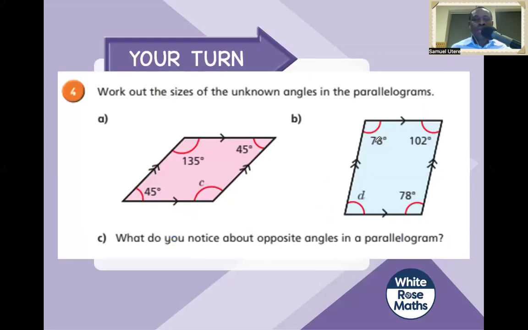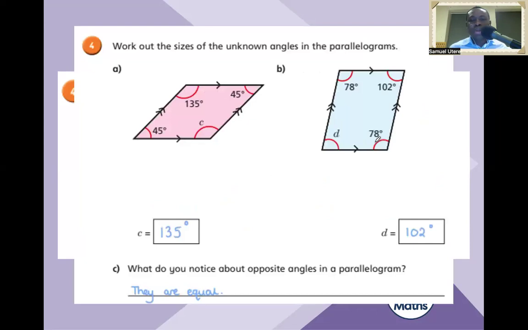Pause the video and answer question 4 in 2 minutes. Assuming you've paused the video and you've answered the question, here are the answers. Well, here you can see that you did not even need to use our fact that the sum of the angles in a quadrilateral is 360 degrees.